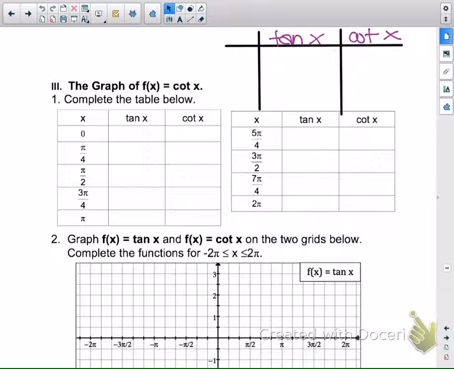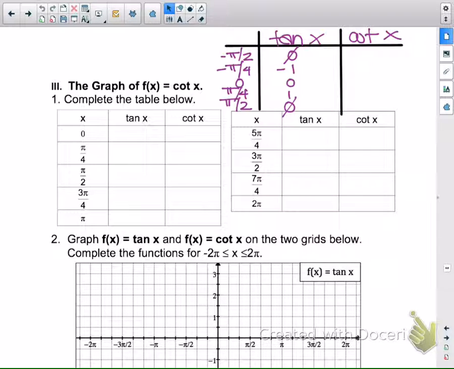The table for cotangent started at negative pi over 4, or negative pi over 2, excuse me. And for tangent, it started as undefined, negative 1, 0, 1, undefined.